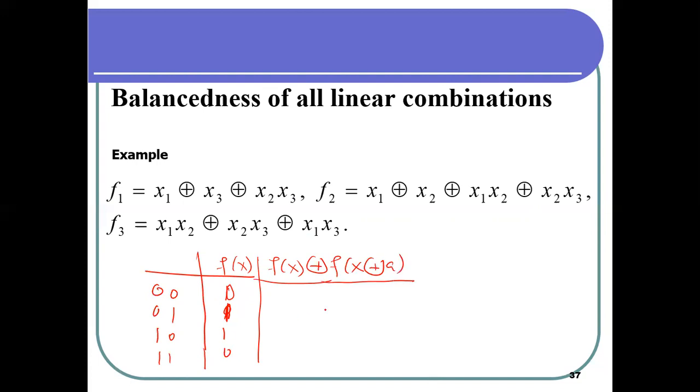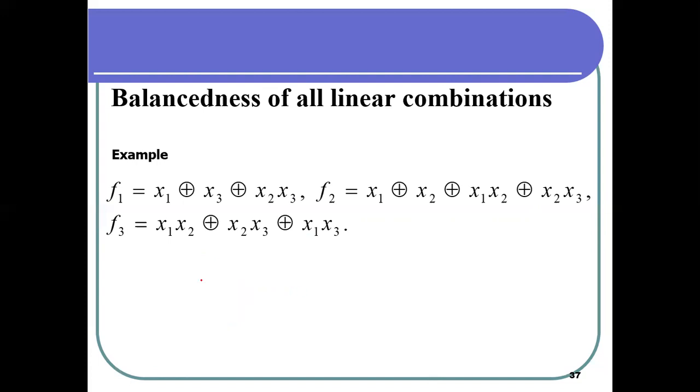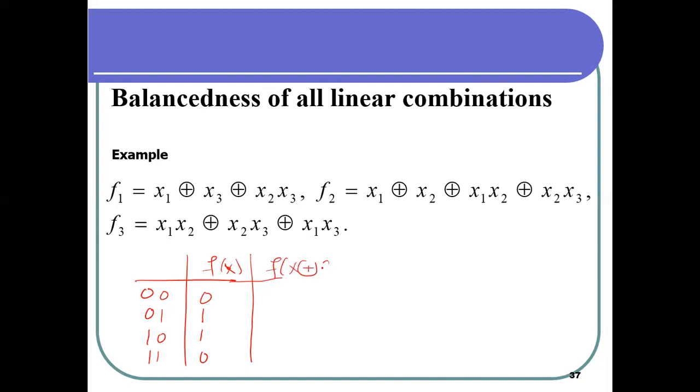Let me elaborate. For inputs 00, 01, 10, and 11, f of x was 0110. f of x XOR a gives the output 1001.